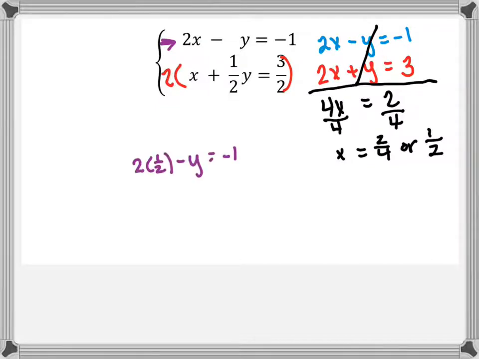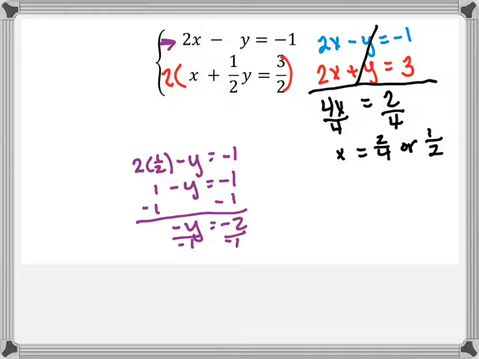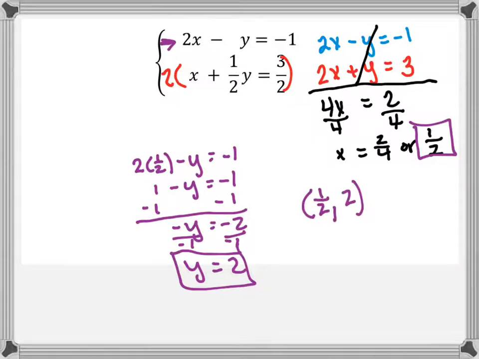So 2 times 1/2 minus y equals negative 1, or 1 minus y equals negative 1. Subtracting 1, we get the opposite of y equals negative 2. Dividing both sides by negative 1, y equals 2. So I can either write my solution as y equals 2 and x equals 1/2, or as the ordered pair (1/2, 2).